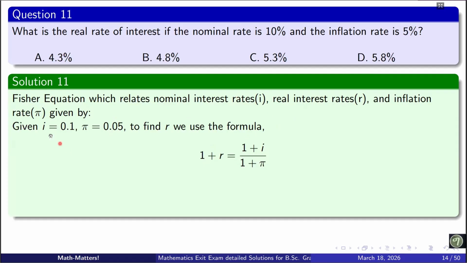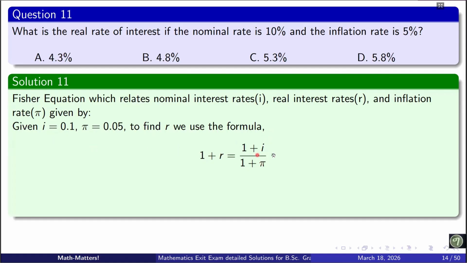What we are given here is that the nominal interest rate is 0.1 or 10%, and the inflation rate is 5%, which is 0.05. To find R, we use 1 plus R equal to 1 plus I over 1 plus pi.